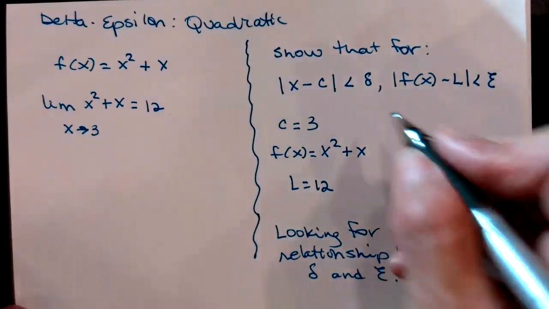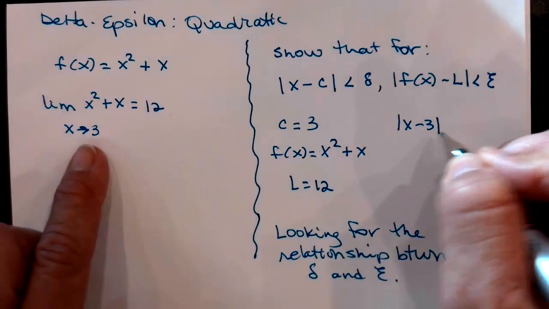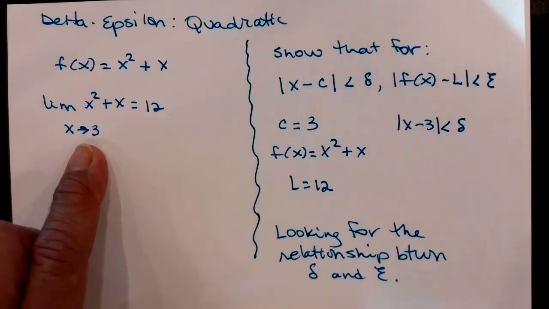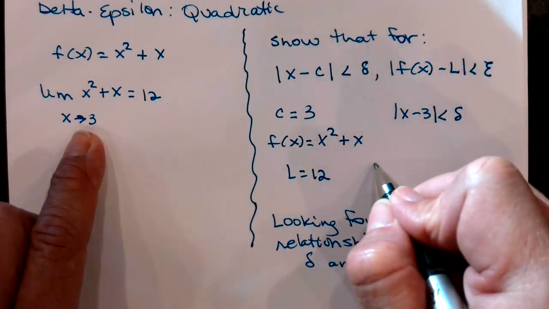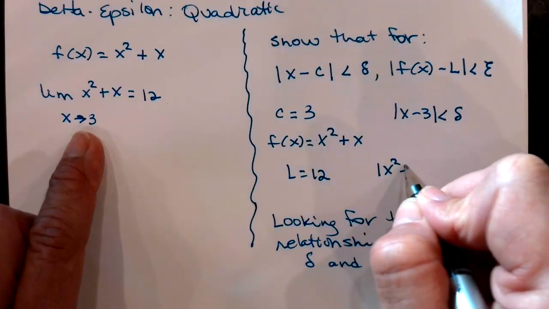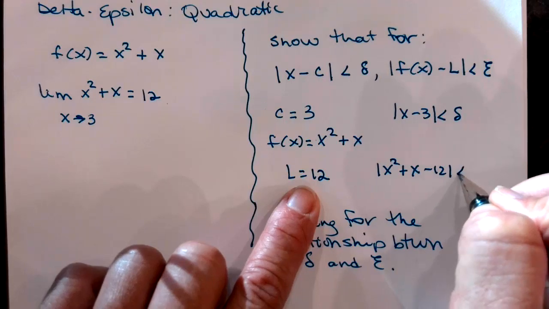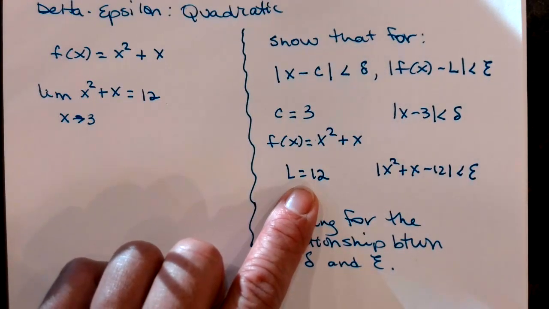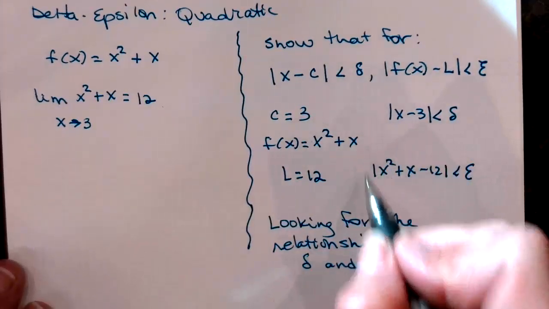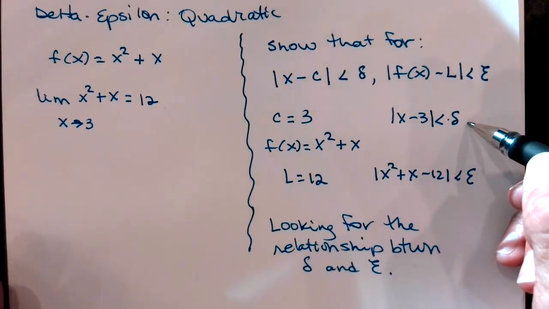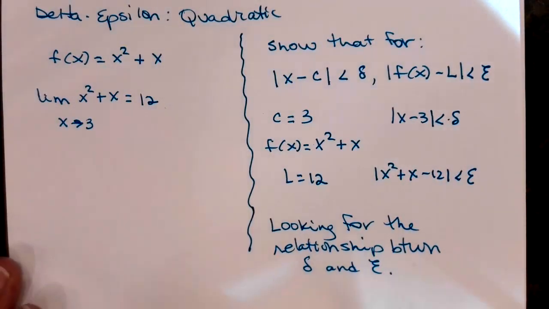So let's write those out. We're looking for an |x - 3| less than delta, using our function minus the limit less than epsilon. We're going to start with our function part, work our way back to our input part, and then undo all of that.